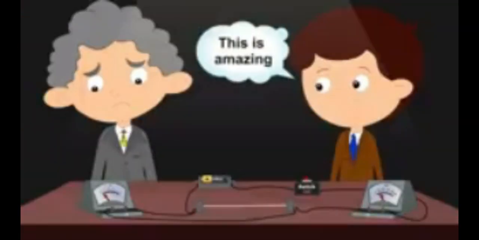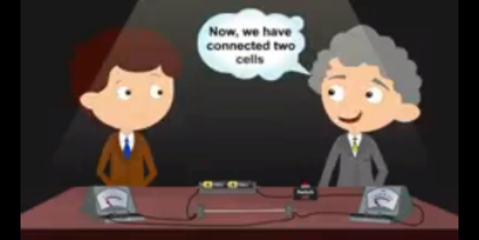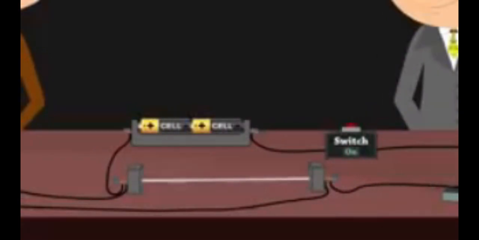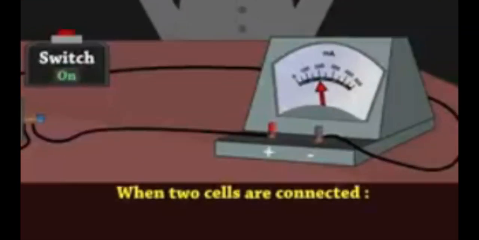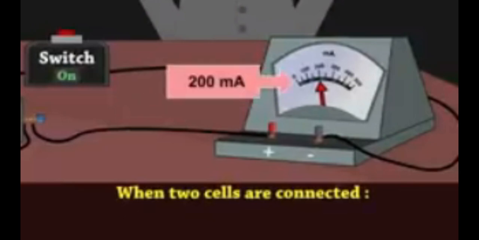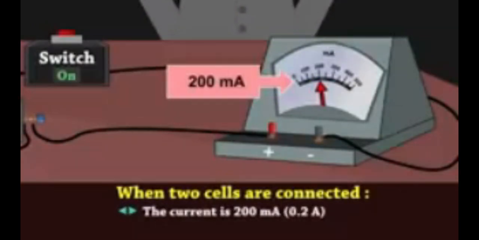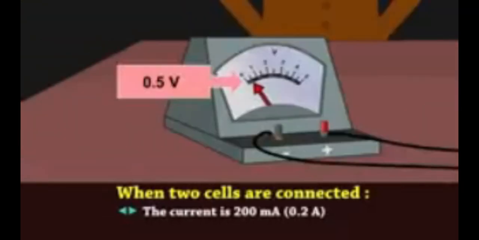Okay. Now for the second time, if we connect two cells each of 1.5 volt, on pressing the switch, the same phenomenon repeats. That means current begins to flow through the circuit and also through the conductor, that is the nichrome wire. What we observe is that the ammeter gives the reading of 200 microampere or 0.2 ampere, and the potential difference measured on the voltmeter is 0.5 volt.